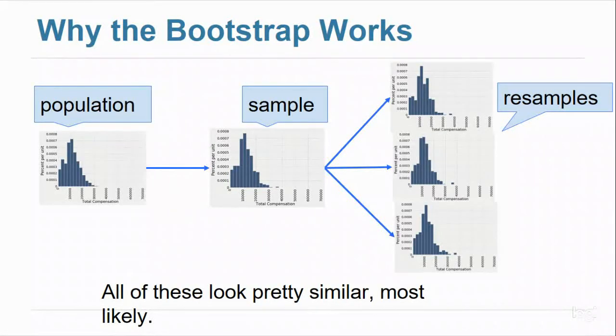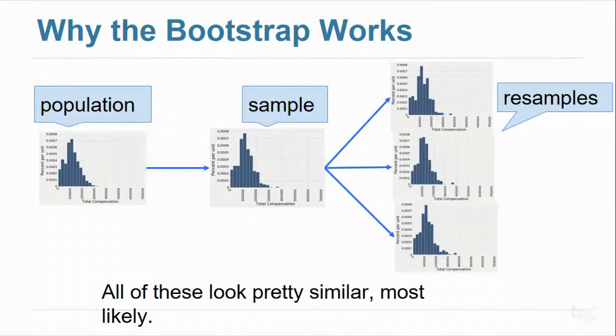If we had 300 observations in our original sample, then each of the resamples will also have 300 observations. But they won't be exactly the 300 observations in the original sample, because we're going to sample from the original sample using replacement.